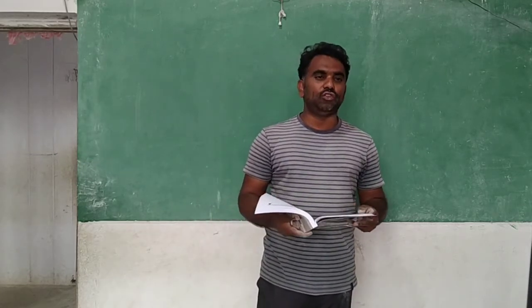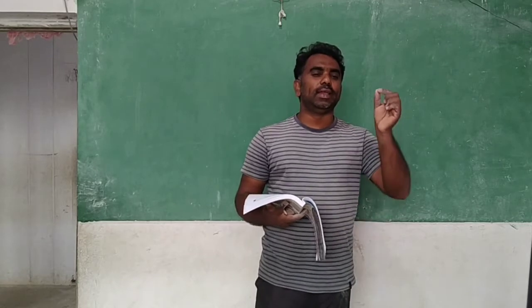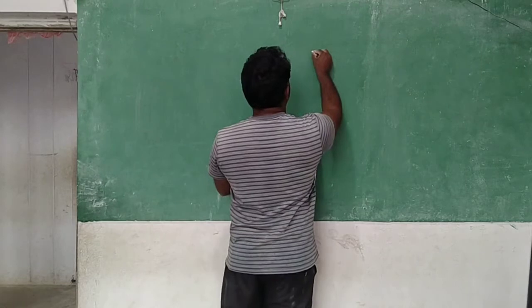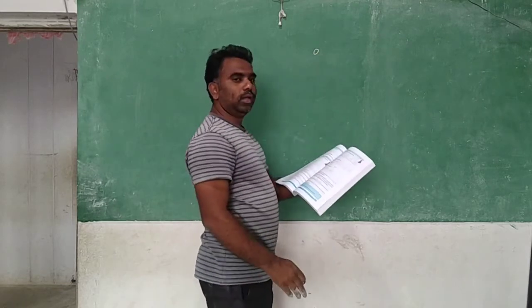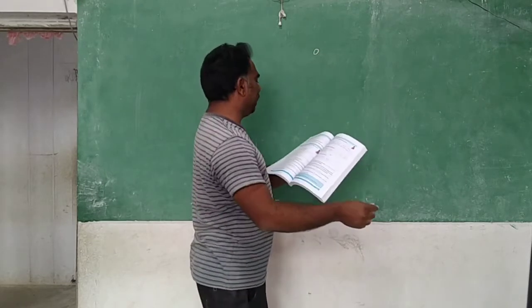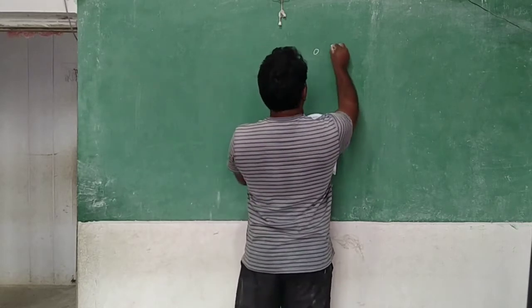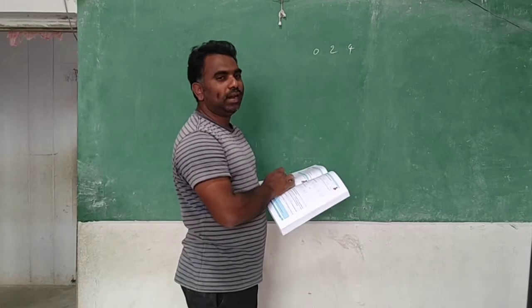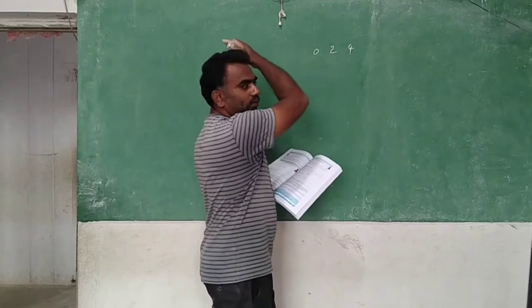Here maybe you are confused. I think last year you remember that negative numbers are on the left side of 0. So if you write on the number line, first 0, positive numbers you will write on the right side like this, 2, 4. Negative numbers you will write on the left side. How do you write on the left side? We will move left.